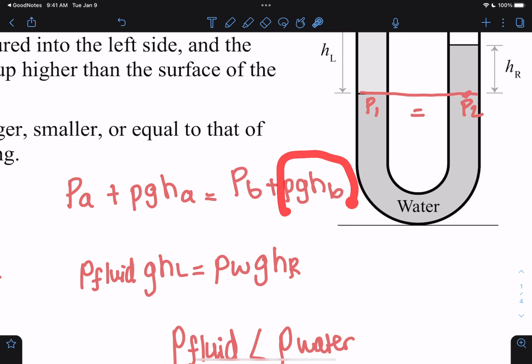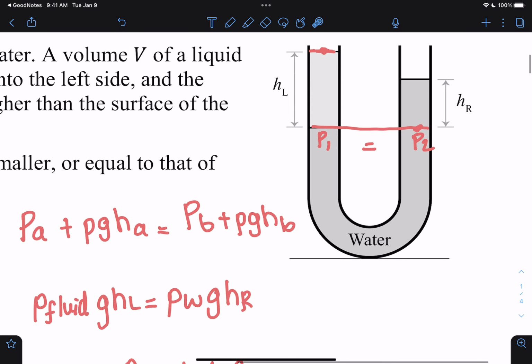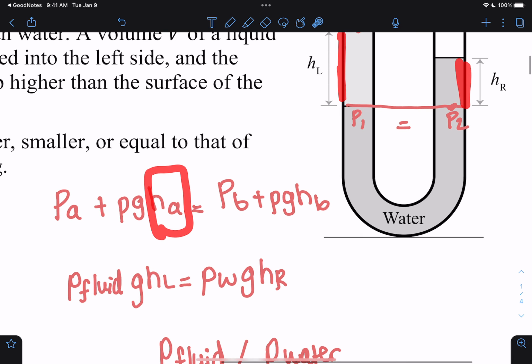And then the same thing over here, but with water. Like I said, since you know that HL is larger than HR, so HA is larger than HB, then in order to maintain the same values on this side and this side, if g is constant, HA is bigger, HB is smaller.